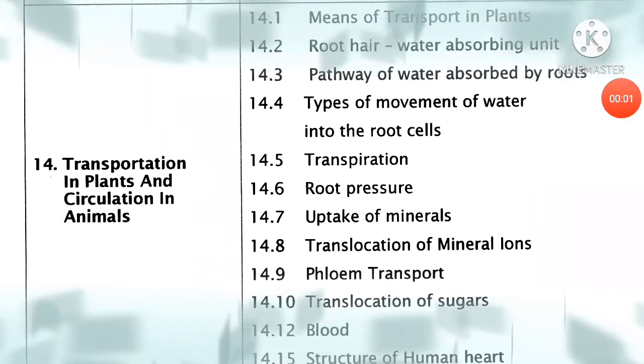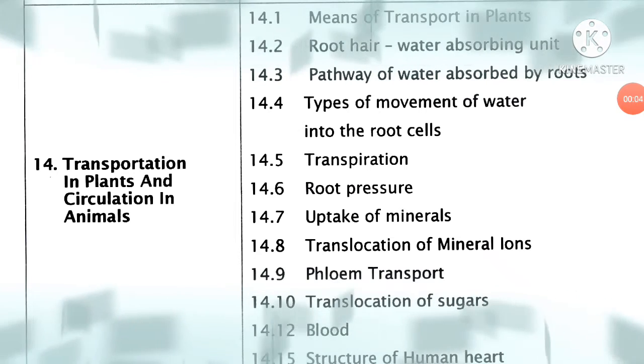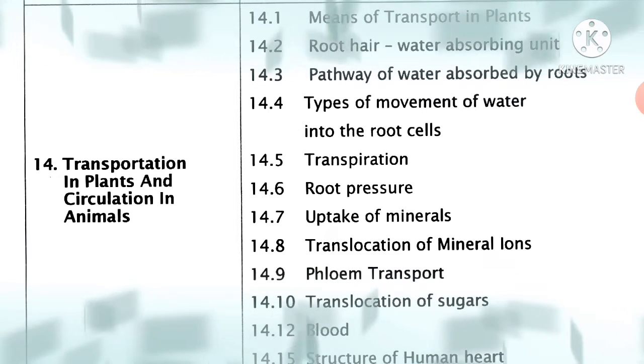Unit 14 Transportation in plants and circulation in animals.